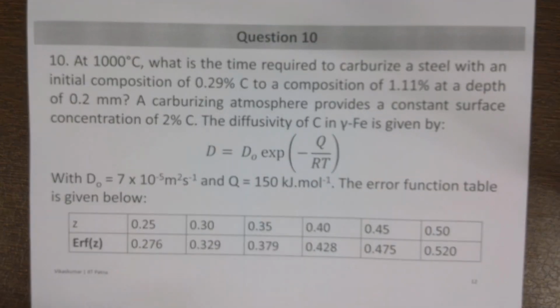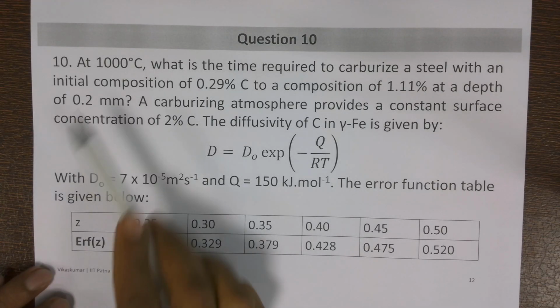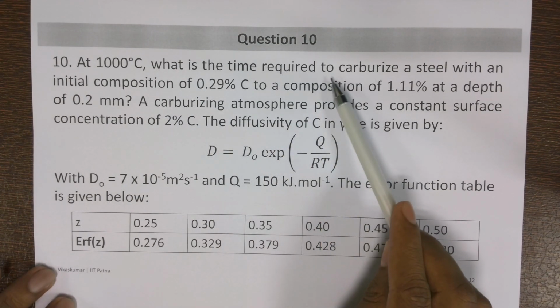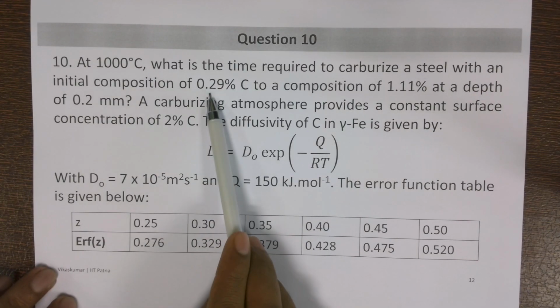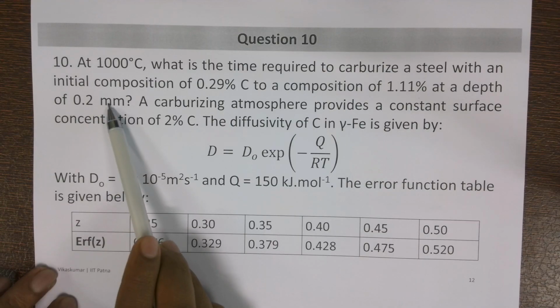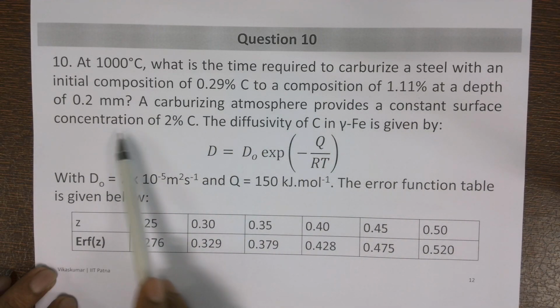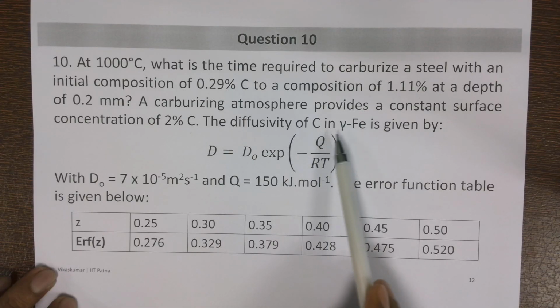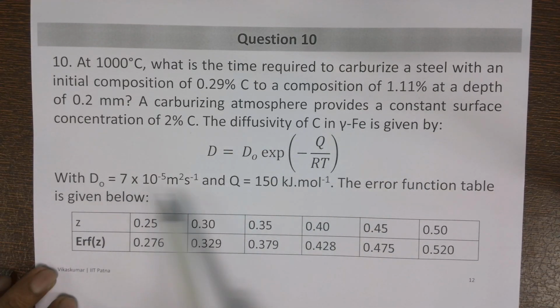Now this question. At 1000 degrees Celsius, what is the time required to carburize the steel with an initial composition to the given composition at a given depth? A carburizing atmosphere provides a constant surface concentration. The diffusivity of carbon in gamma iron is given to us, D naught and Q are also given, and the error function is given.